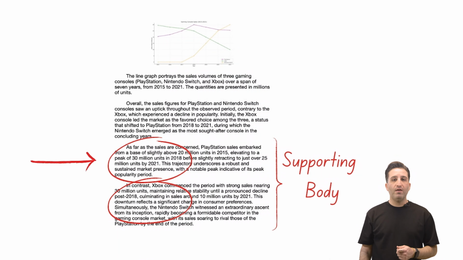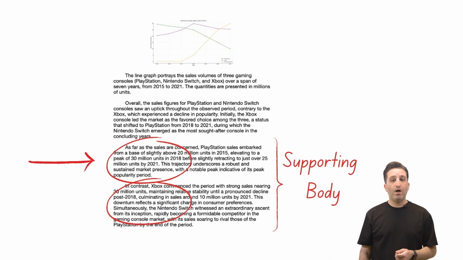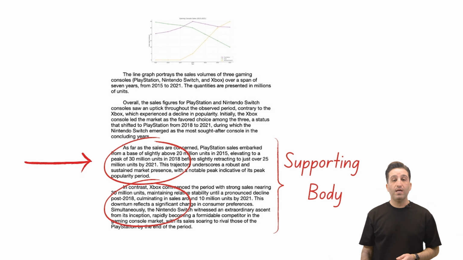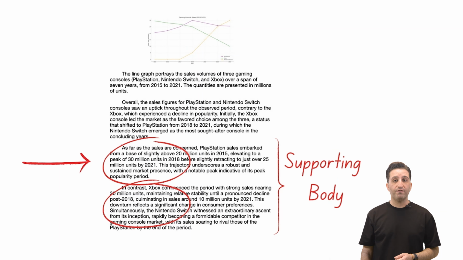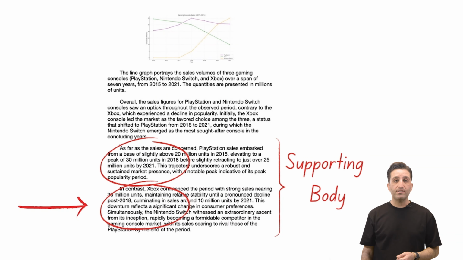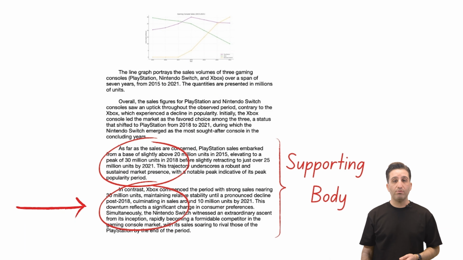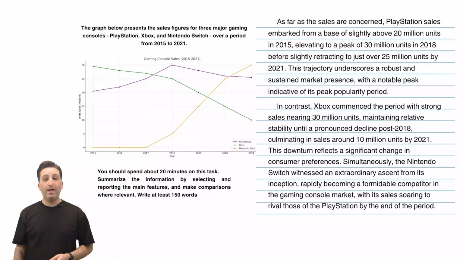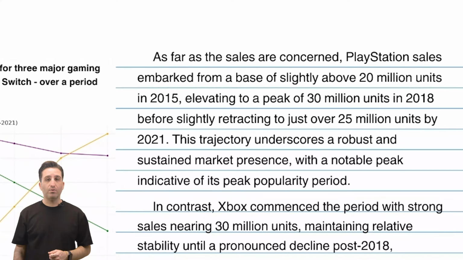So, as an underlying logic, we have decided to dedicate one paragraph to how PlayStation maintained a stable market without any major shift, and the other paragraph to how Xbox and Nintendo Switch both experienced major opposing shifts in terms of sales. The two paragraphs go as follows.